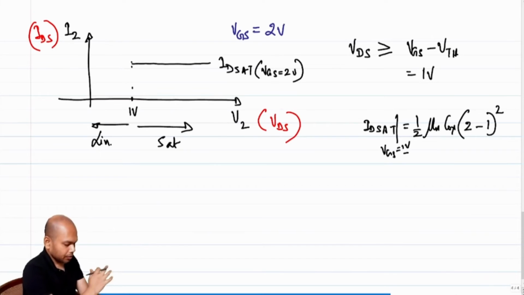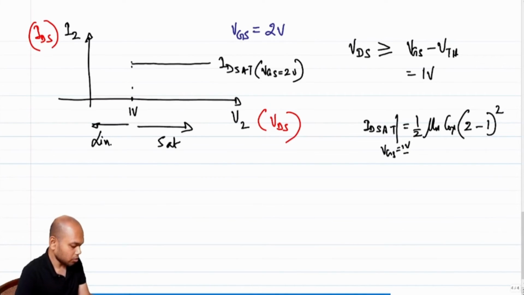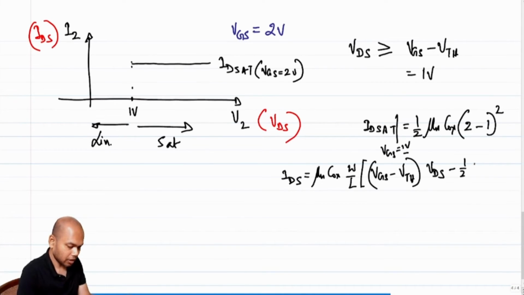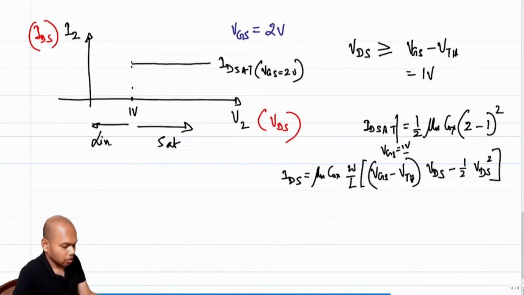What will happen when I drop from 1 volt VDS to 0? Essentially, what is going to happen in linear region. In linear region, my current equation becomes mu n Cox W over L times VGS minus threshold voltage times VDS minus half VDS squared. Let's see what will happen at very small values of VDS, near the origin.